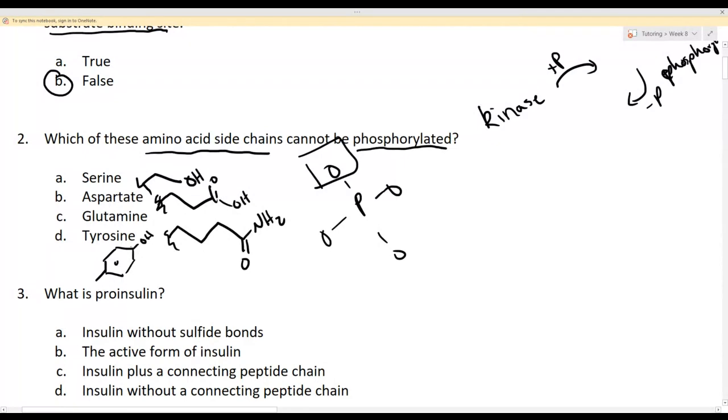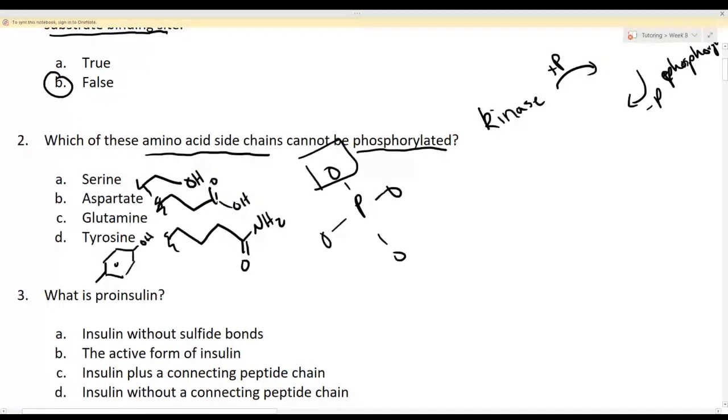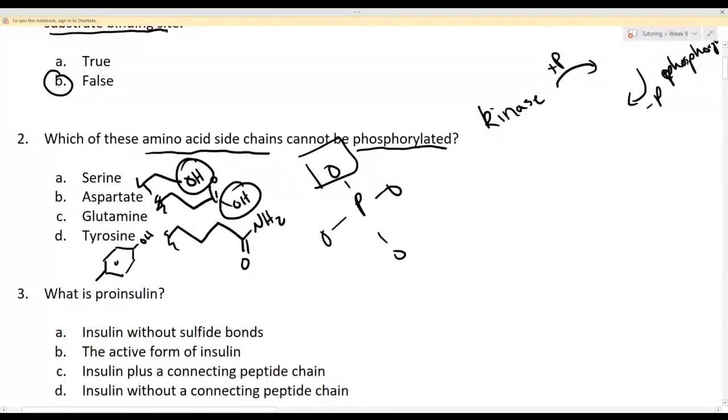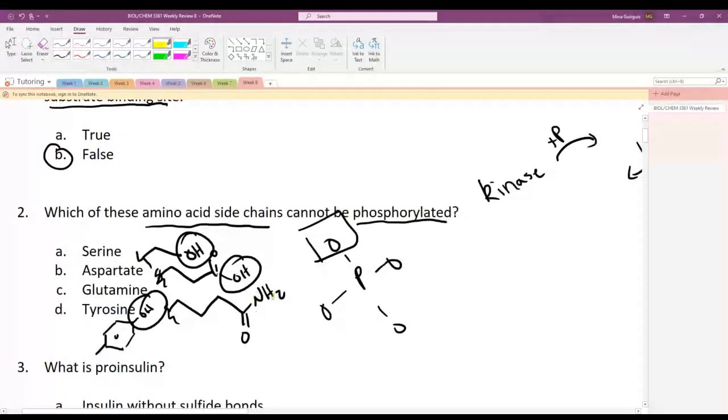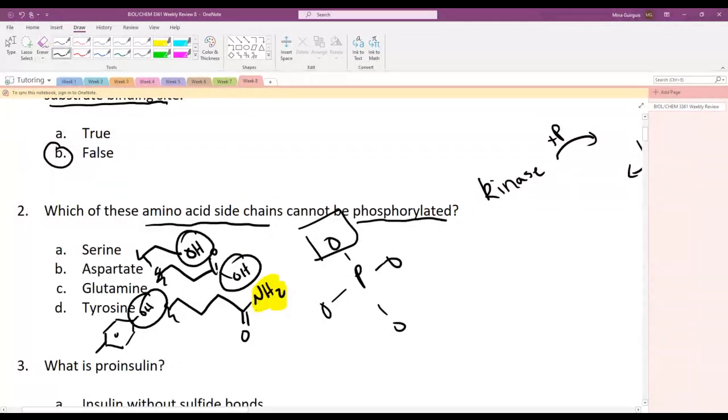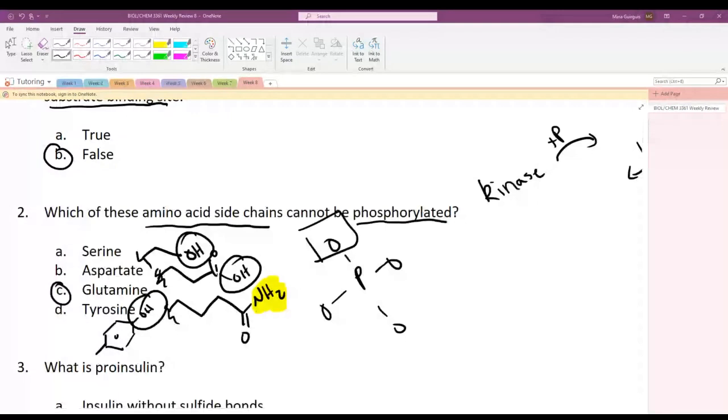Okay? So when we look at these, serine has an OH group, aspartate has an OH group, and tyrosine has an OH group, meaning that the only amino acid side chain that doesn't is glutamine, and that's actually the answer. Glutamine cannot be phosphorylated.